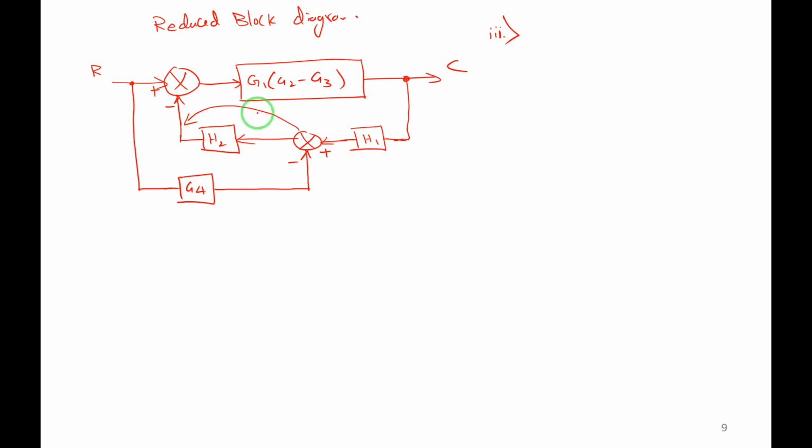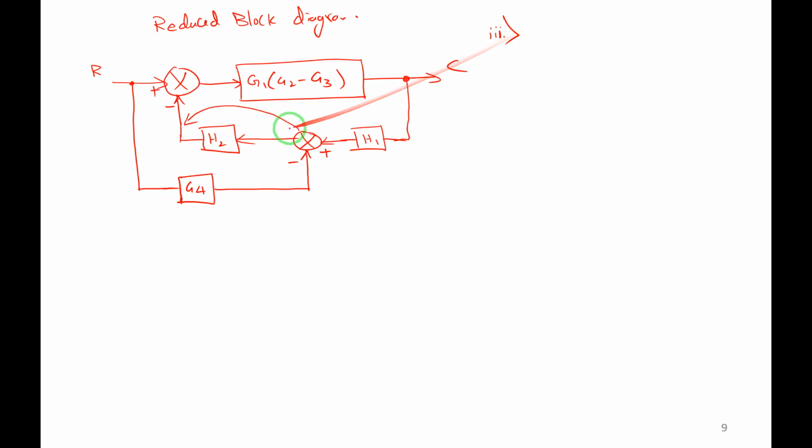Have a look at which rule he has applied. Please keep it in mind. Then based on your experience, you will come to know which rule I should apply and how the block diagram gets reduced. So the only way is to solve more problems. Initially you have to observe a lot for a few problems so that you will come to know, right? If any doubts, please clarify with me.